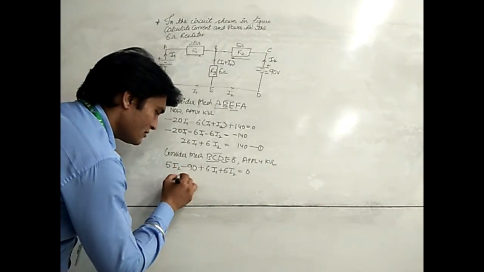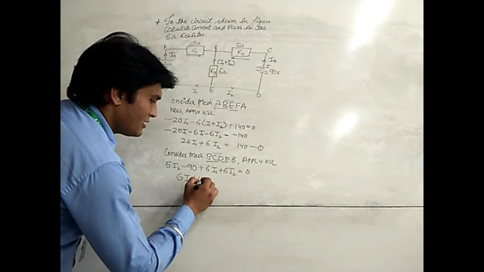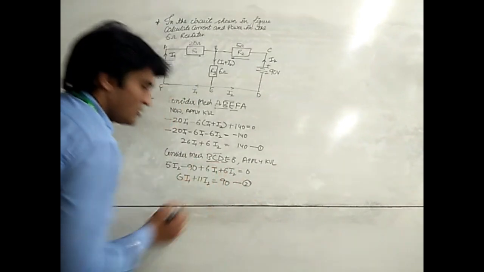Now solve it. 6 I1 plus 11 I2 is equal to 90. This is equation number 2.